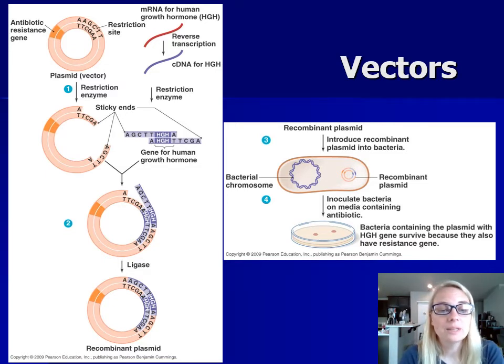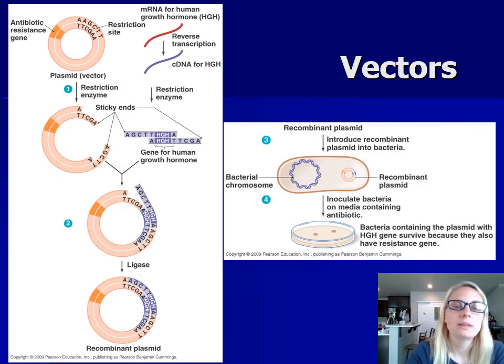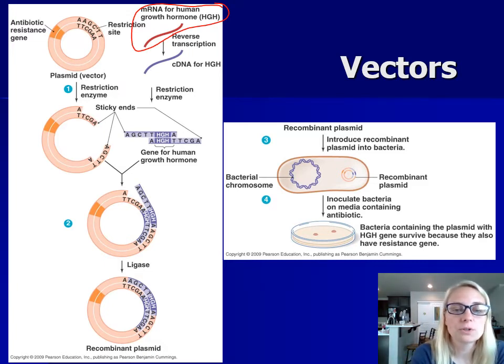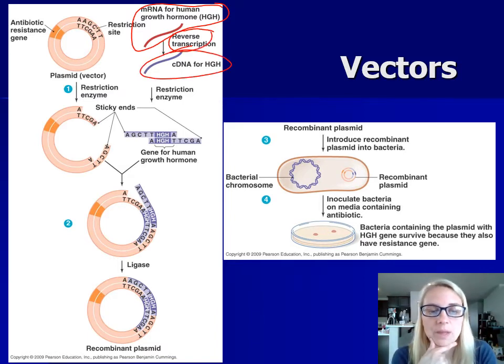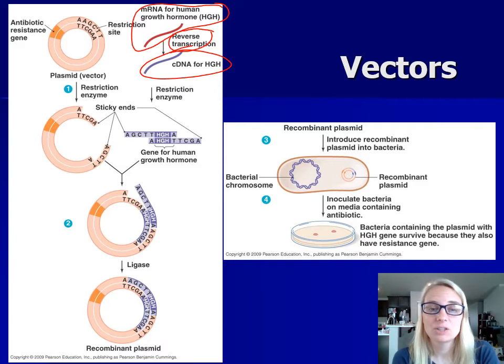So in this particular example, we are starting with the mRNA for human growth hormone. That's going to be a protein. So we've been able to isolate the mRNA. We're going to use reverse transcriptase to make a DNA copy of this gene. And then we are going to use restriction enzymes on both the plasmid and the gene.